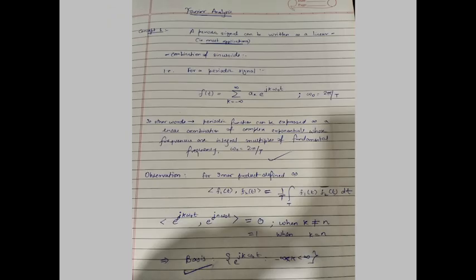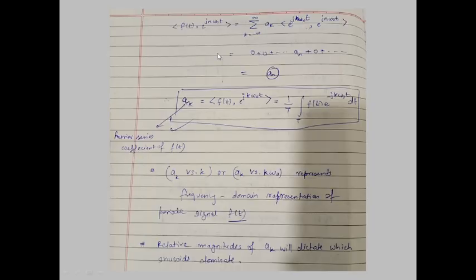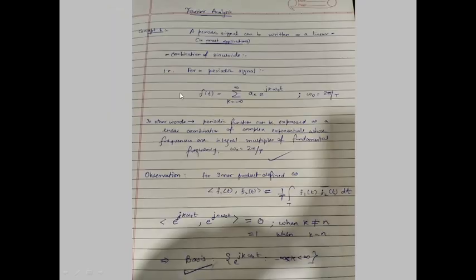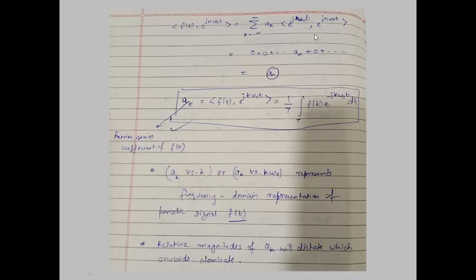Now, to obtain a_k, we take the inner product of LHS and RHS, and since all the terms except k equal to n vanish, we get a_n. So a_n is the inner product of the function and e to the power j k omega naught t, and by definition of inner product it can be written as 1 by T integral f of t e to the power minus j k omega naught t dt.